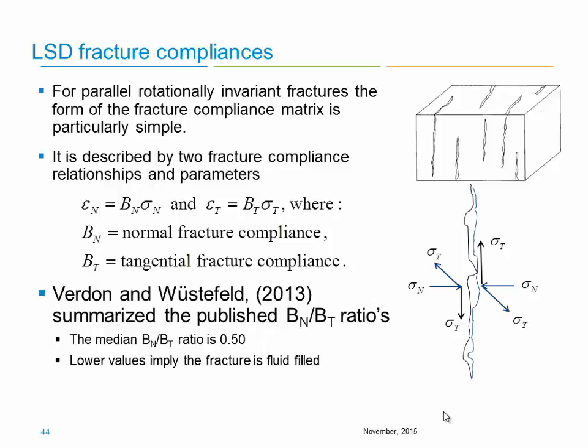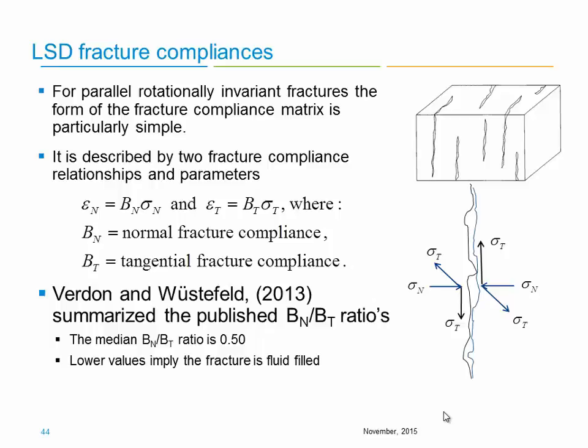And the other one, in the tangential direction, is called the tangential fracture compliance. These two parameters are enough to describe the fracture. If you have a liquid in there, it's going to be stiffer and it's going to change the normal fracture compliance, but it shouldn't impact the tangential fracture compliance.